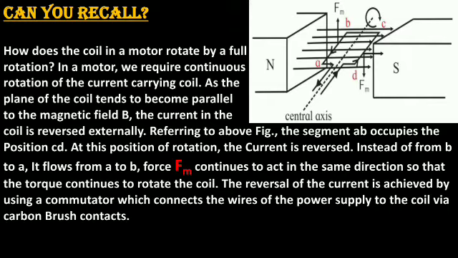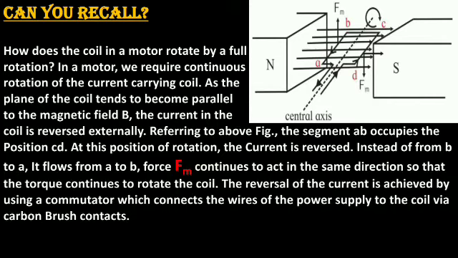Referring to the above figure, the segment AB occupies the position CD. At this position of rotation, the current is reversed. Instead of from B to A, it flows from A to B, so that the magnetic force Fm continues to act in the same direction, and the torque continues to rotate the coil.